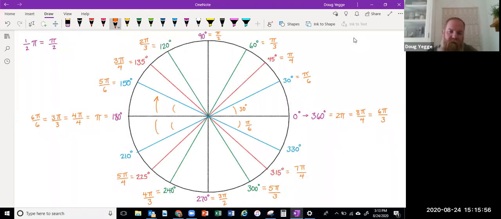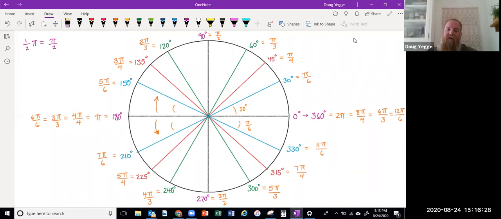And then I could add 1/6 on to 6/6, which means that this angle is 7 pi over 6. And finally, 1/6 of pi less than 2 pi, but keep in mind what 2 pi is. It's also 12 pi over 6, which means that 330 degrees is 1/6 less, or 11 pi over 6.